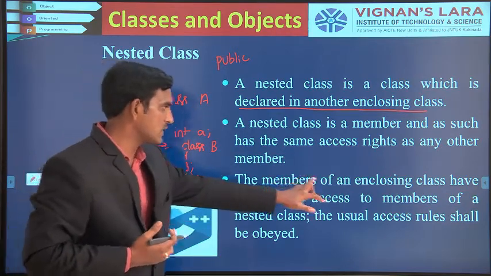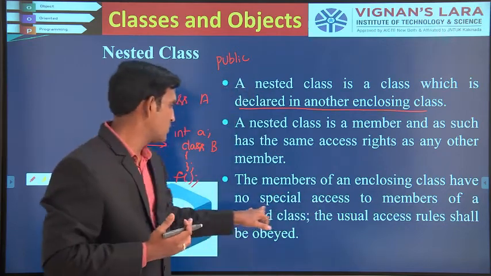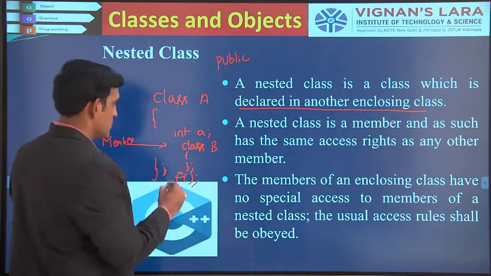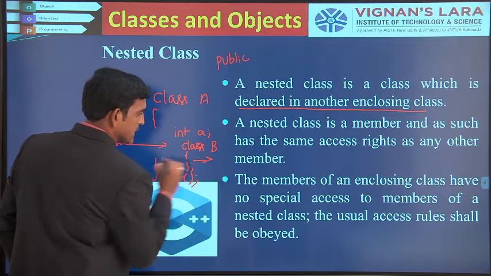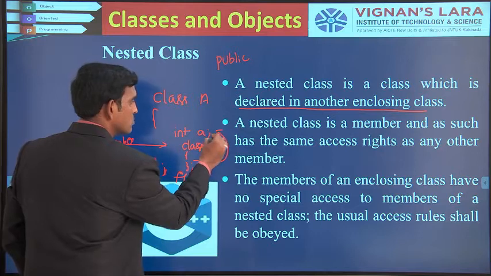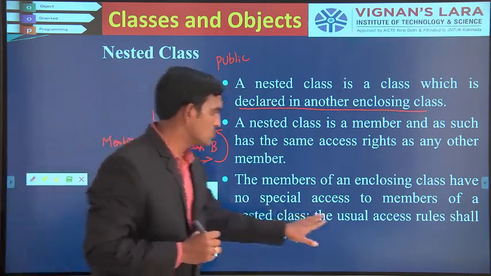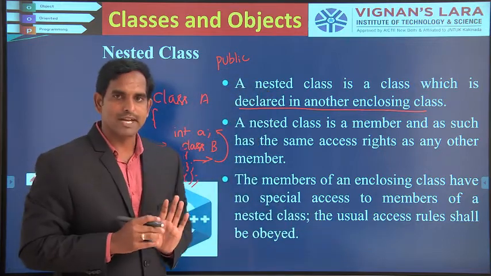The members of an enclosing class have no special access to the members of the nested class. The members you write inside class B do not have any special access to the nested class, and the usual access rules shall be obeyed as well.